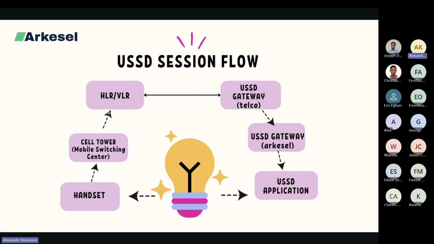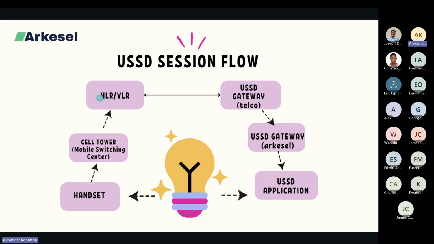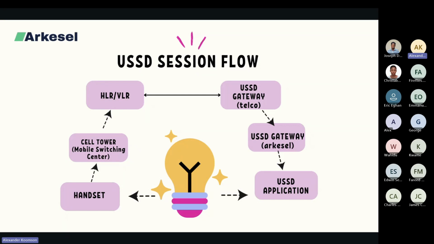I think it's home location register. Yeah, so it's your home location register, and VLR means I think visitor location register. So when it gets here, this is a way of authenticating to the USSD gateway of the telco. Now, the work of the HLR and the VLR I just want you to understand. That's why I'm going a bit into detail.